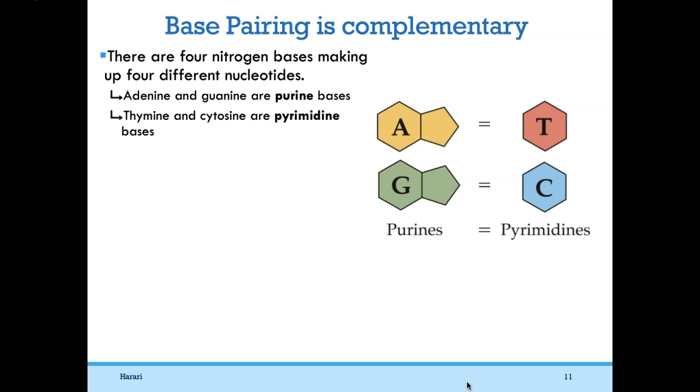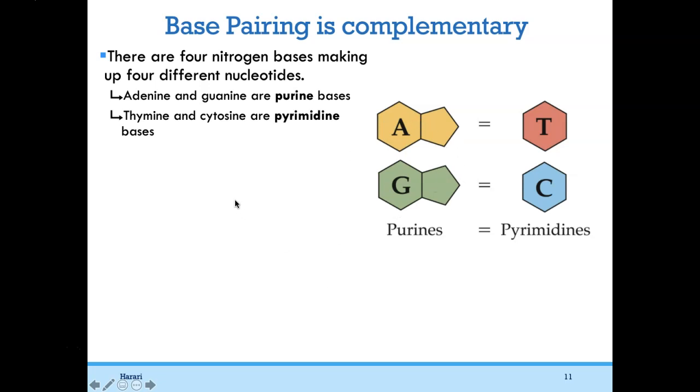So, like I mentioned, there are 4 nitrogenous bases that make up 4 different nucleotides. Adenine and guanine have 2 rings in their base. Again, these are just molecules of nitrogen and carbon, but they're double-ringed nitrogenous bases, and we call these purines. So adenine and guanine are purines.